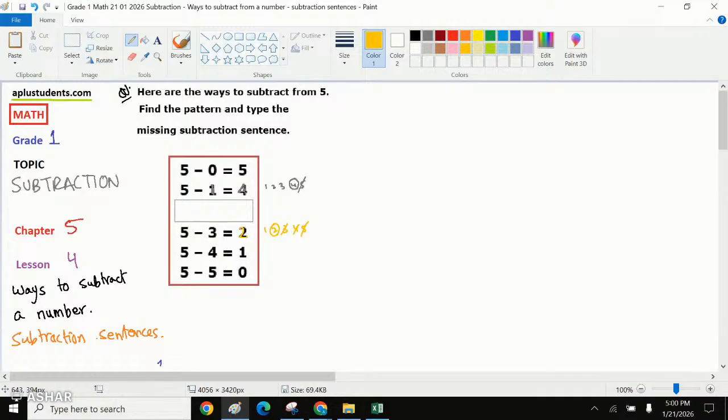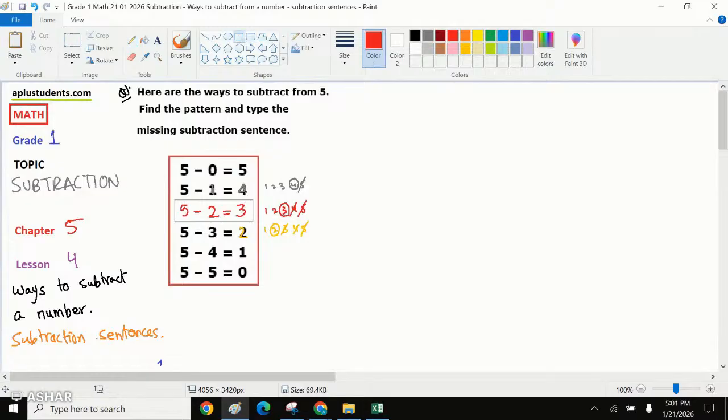Agreed? So we are missing a sentence in the middle over here. So what would be the sentence? What is the number that we can see is missing over here? From the given sequence, the first number should be 5 minus, this was 0, 1, this should be 2, right? And 5 minus 2 would be, 1, 2, 3, 4, 5, if we subtract the two numbers, we are left with 3.